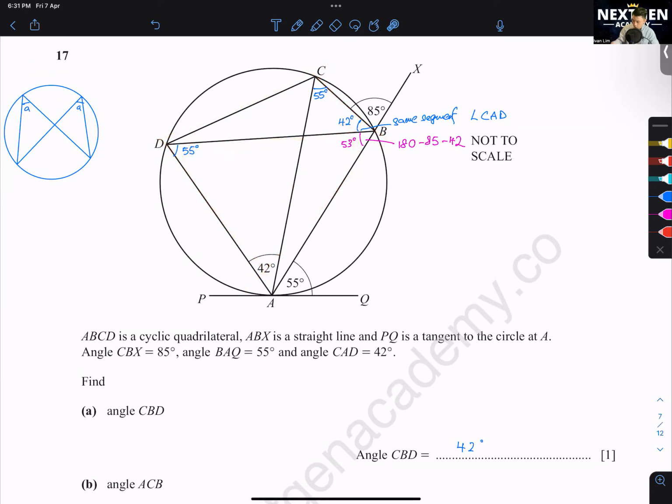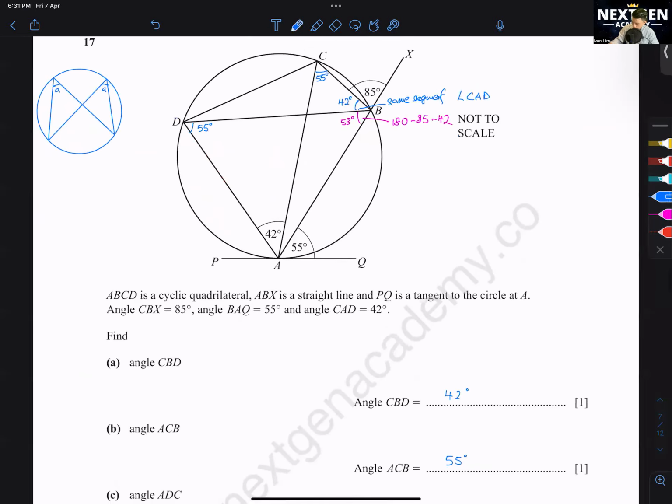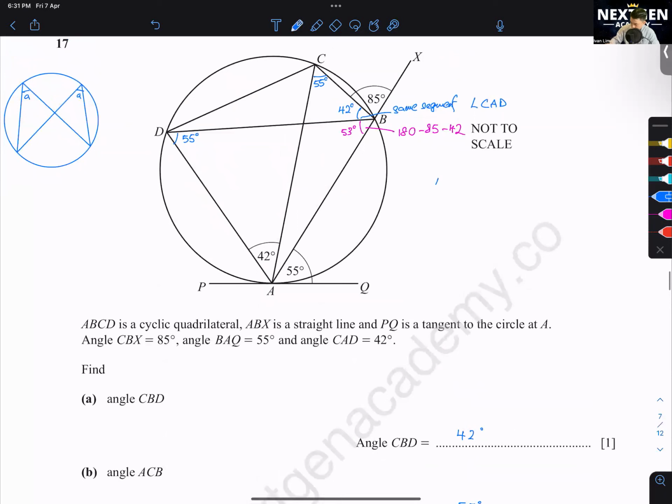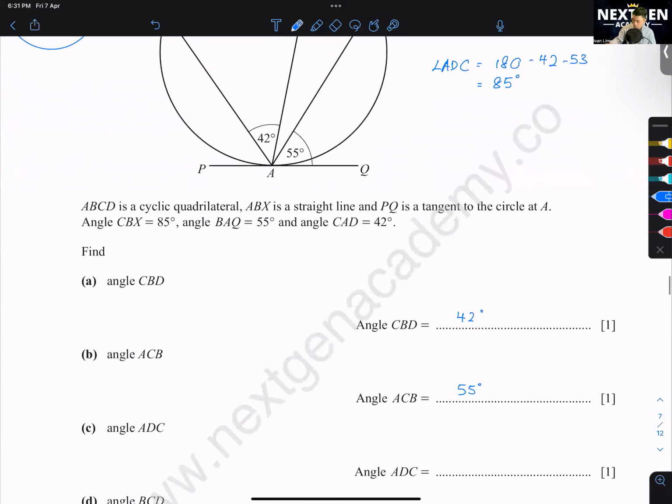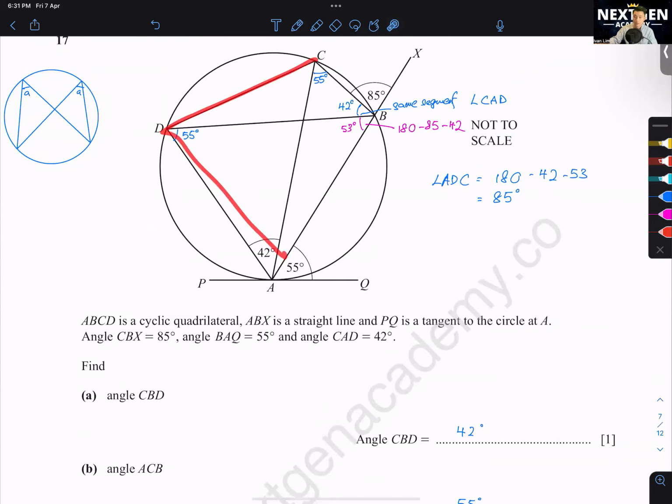For me to find angle ADC, it will be 180 minus the opposite angle, minus 42 minus 53. So 180 minus 42 minus 53, we get 85 degrees, because they're asking for the entire thing. This entire thing is 85 degrees.